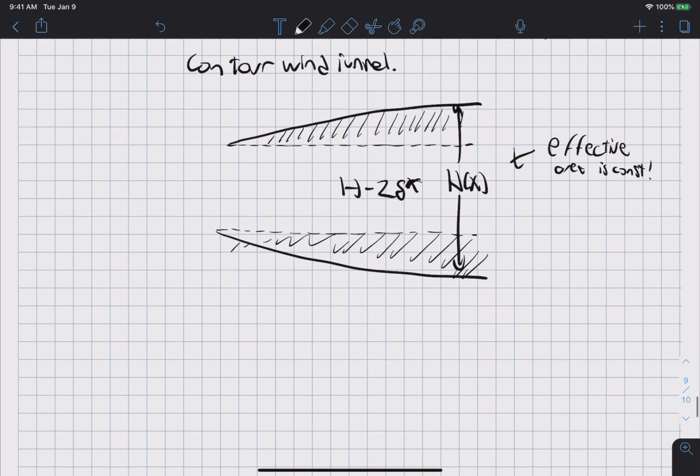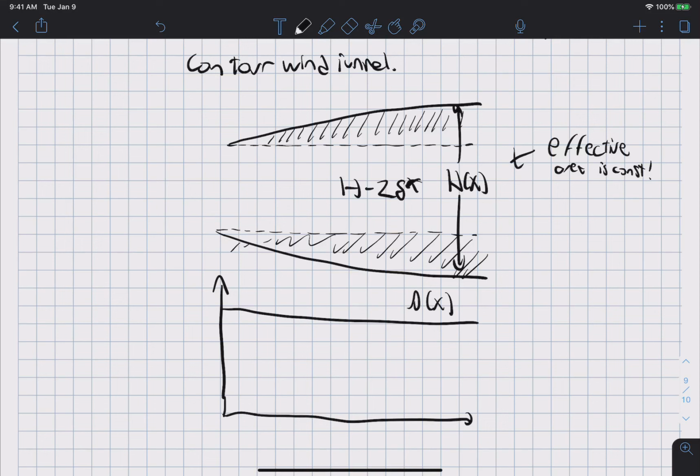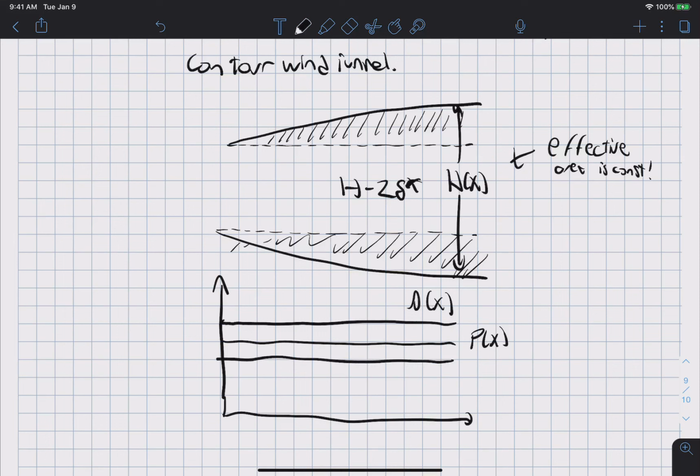And because the effective area is constant, that means at the core of the channel, the very center of it, A of x is constant, even though I didn't draw it like that. I think I'll redraw it. A of x is constant, p of x is constant, and u of x is constant.